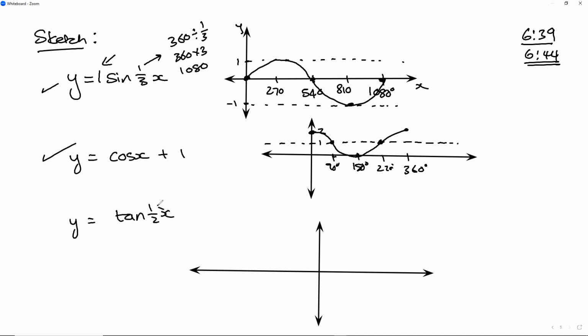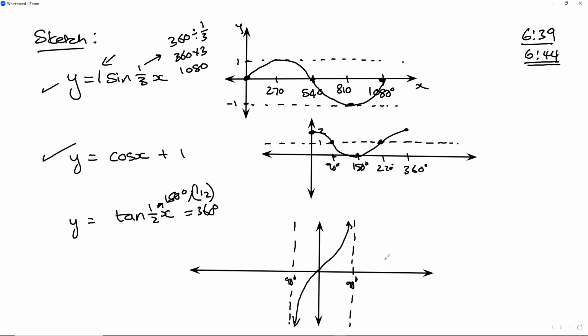The next one is we take 180 degrees, we divide it by half, which is the same as 360 degrees. That's what this half implies. Now, that means that if I have 90 degrees like that, and I have 90 degrees like that, this graph here is going to go up like that, and this one's going to go down this way.